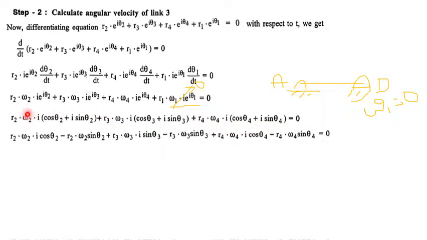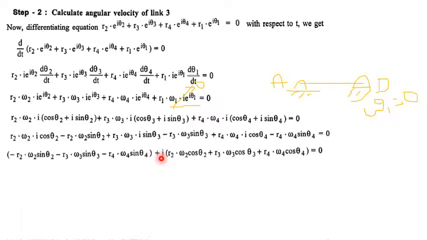here. So after multiplying, if you see the next equation, this equation is a mixture of both real and imaginary parts. So we have to separate real and imaginary parts. In the above equation, this is an imaginary part, this is an imaginary part, this one is an imaginary part. Rest all are real parts.